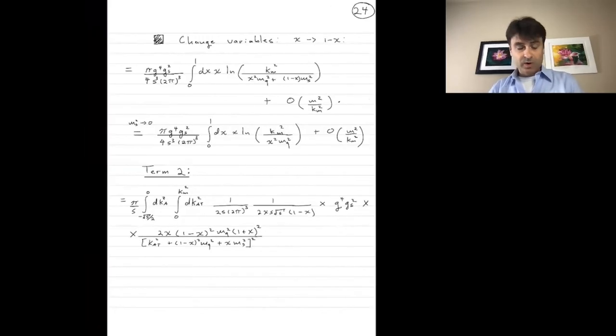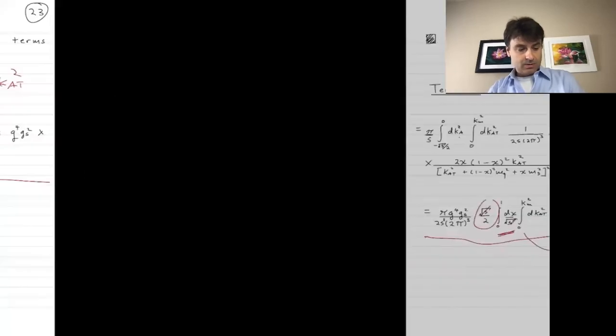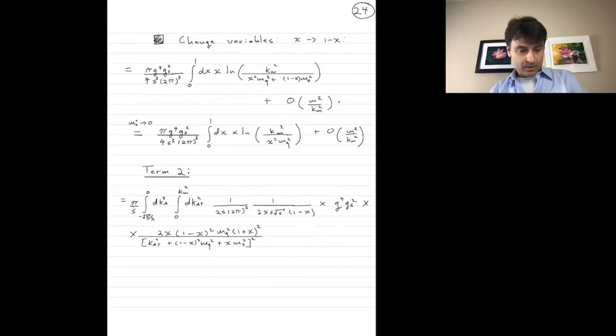Okay. Now I'm not quite done because this was only for the term with a kt squared in the numerator. If I calculate the term that has an mq squared in the numerator, that's actually just exactly the same as this graph, what I called term 1. Now I'm going to call it term 2, but instead of a kt squared, I'm going to have this mq squared (1 plus x squared), and that's what I have here.